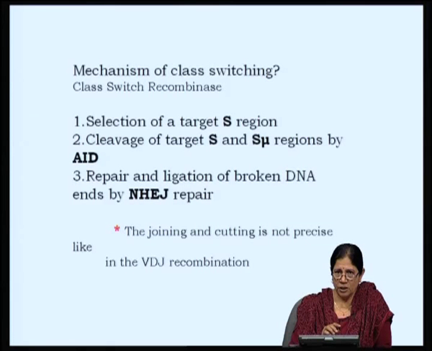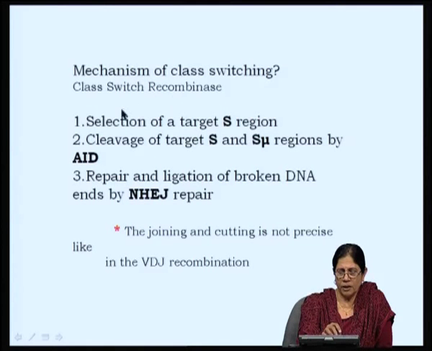While VDJ recombination is very specific, with recognition of specific sequences on the DNA, recombination for class switching is a little bit more imprecise. Let us look at what events take place when class switching takes place.